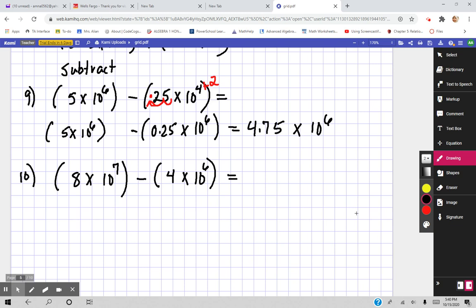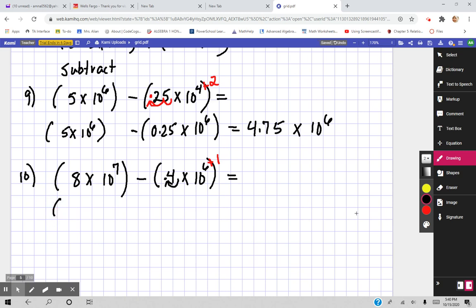Okay, again, you're going to need matching powers. Since this is 7, this is 6, we'll add 1 to this one here. But we just made this bigger by 10. We have to divide this by 10 or just move the decimal 1 place to the left.